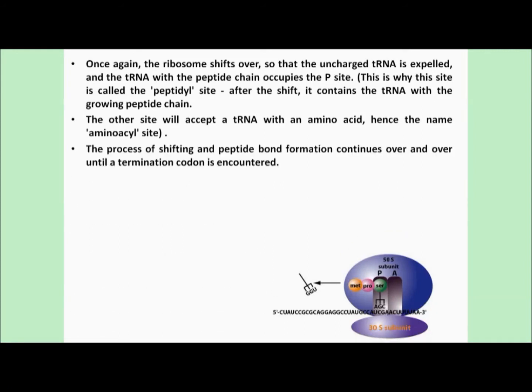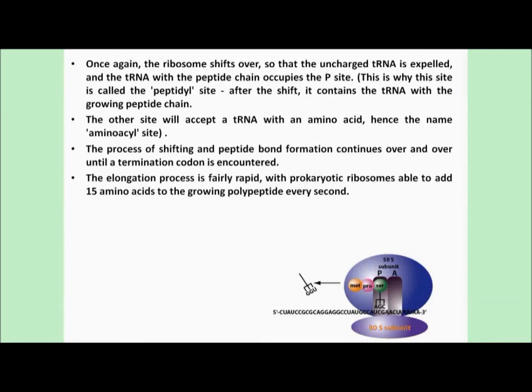So the process of shifting and peptide bond formation continues over and over until the termination codon is received. There are 3 termination codons. Whenever the termination codon is received, the synthesis of the peptide stops. Now you see the elongation process is fairly rapid. The prokaryotic ribosome is able to add 15 amino acids to the growing polypeptide every second.